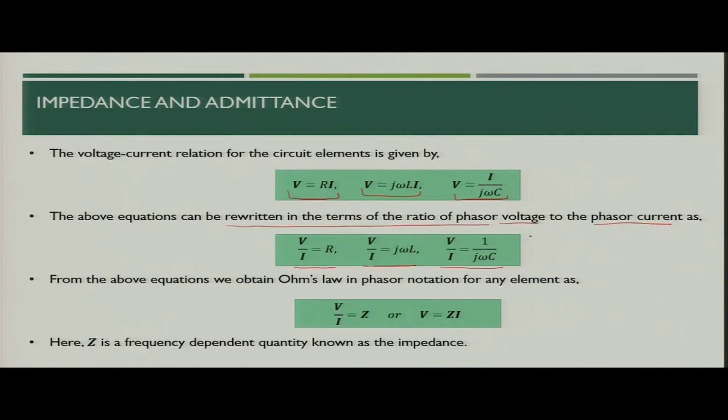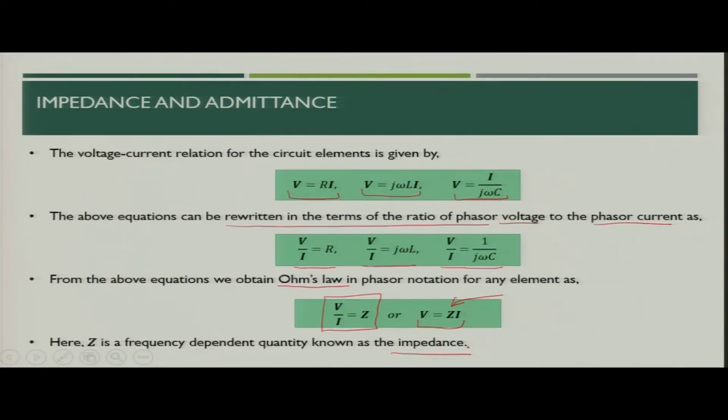Now, if you are asked to represent all three equations in a generic term, what do we write? We write V by I is equal to Z, and this follows Ohm's law, or alternatively V is equal to Z into I. Here Z is a quantity called impedance.